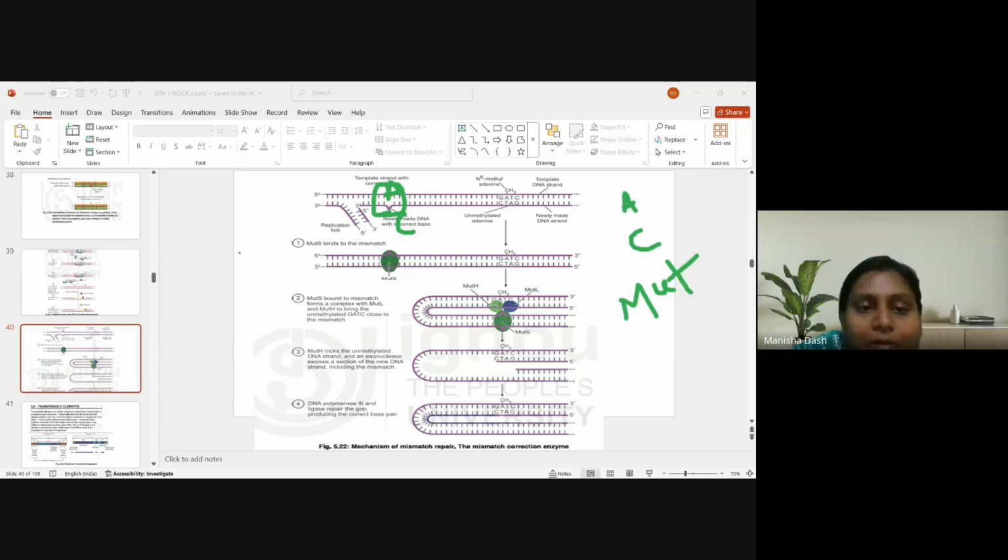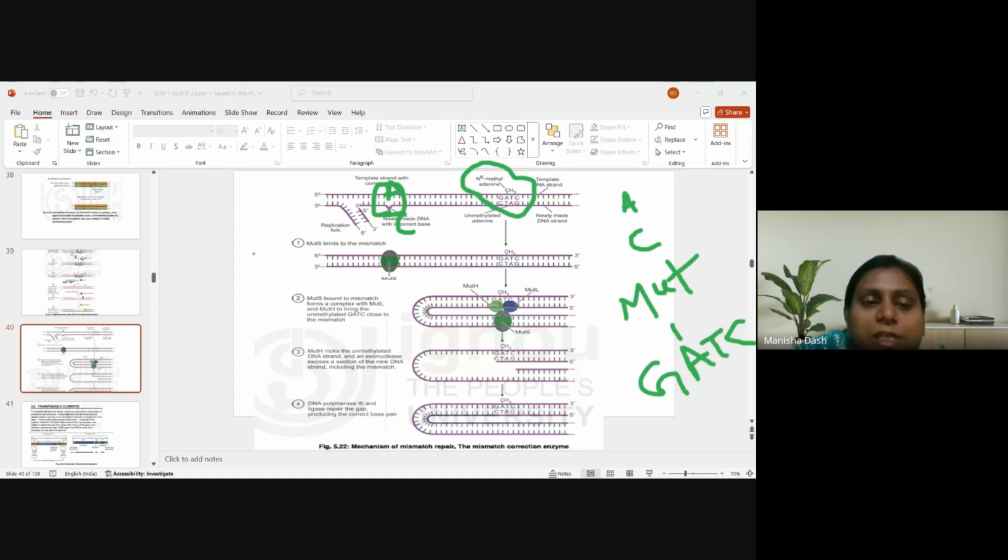Okay. Now pay a little attention to what you are observing. In the same strand, you are having a recognition sequence. So what is that sequence? GATC. This is highly essential for the repair to take place. And moreover, you will observe the adenine is methylated here because there is the presence of a methyl group.